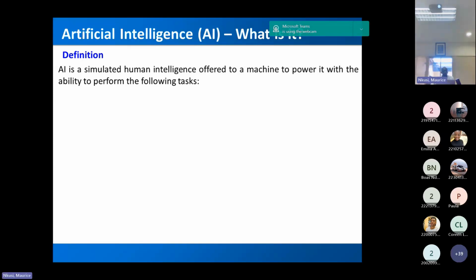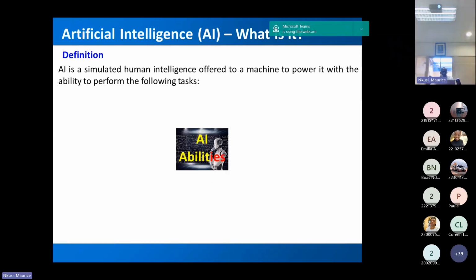Because what is happening, as we are going to discuss with you, the machine is becoming even more intelligent than human beings in terms of processing information, solving problems, and so on. And that this can be a problem to human beings to start losing jobs.